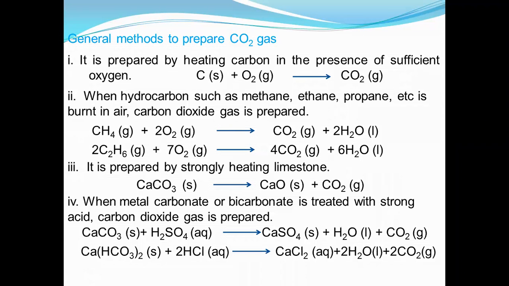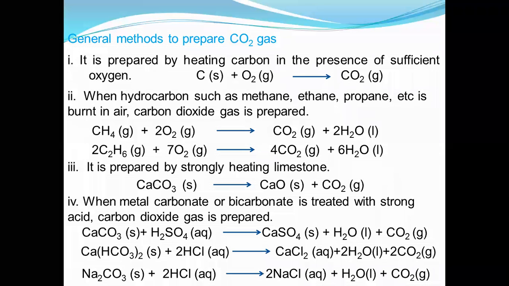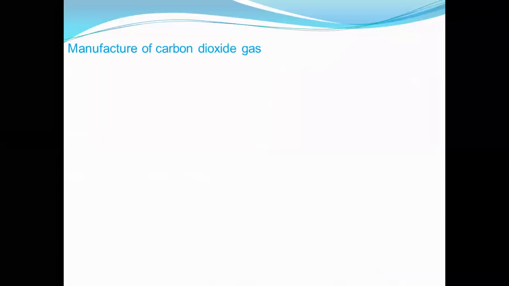The other reactions are the same. When sodium carbonate reacts with HCl, this is also a double displacement reaction. Sodium combines with Cl to form sodium chloride, and H combines with CO3 to form H2CO3, which results in H2O and CO2.